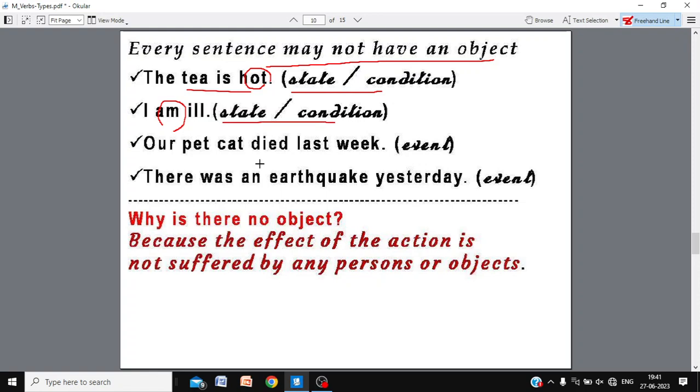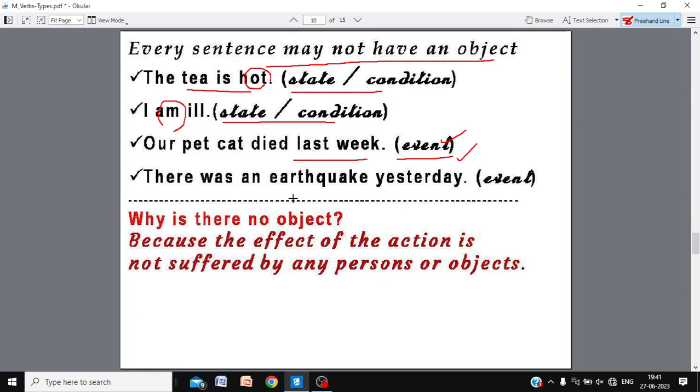Our pet cat died last week. It is an event actually. A state of death. So actually it is an event or happening which occurred. So the cat is a subject, but there is no object. Last week is a time, adverb of time. There was an earthquake yesterday.